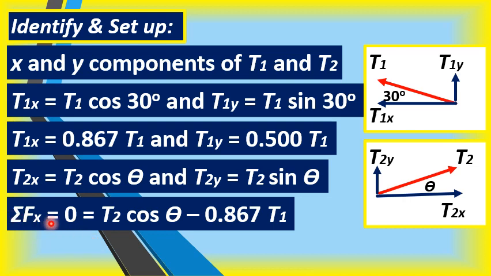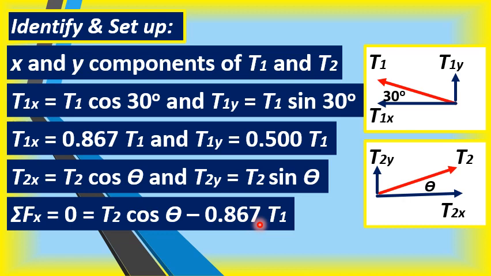So T2 cosine theta, when added vectorially with T1x, gives this equation: the summation of Fx, which is 0, is equal to T2 cosine of the angle theta minus 0.867 times T1.